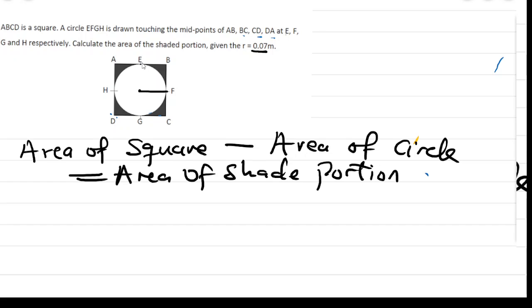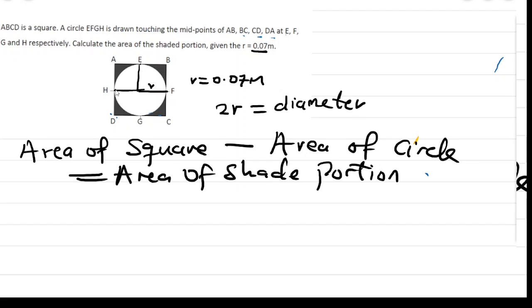So this is the radius r, which is equal to 0.07 meters. Now notice that this radius here, if we extend it this way, you will get the diameter. So 2 times the radius equals the diameter of the circle.